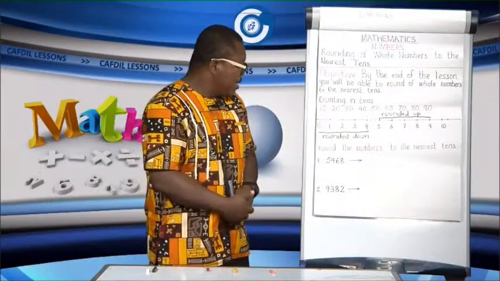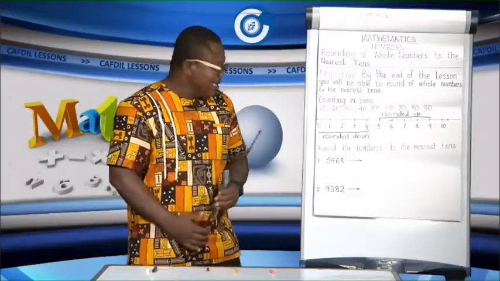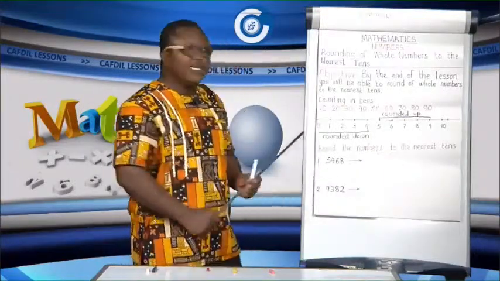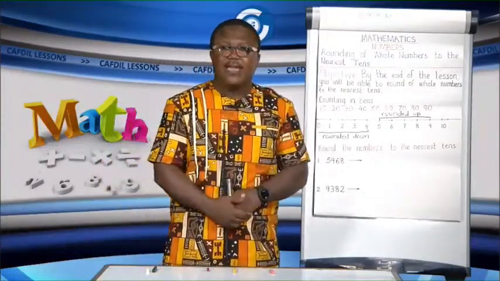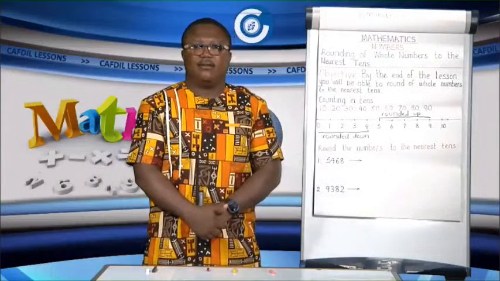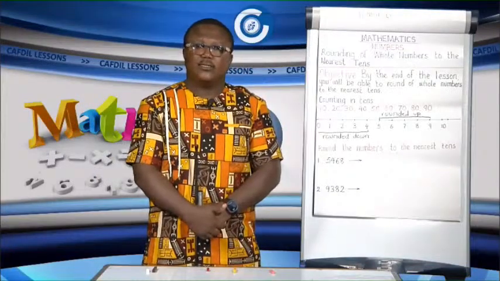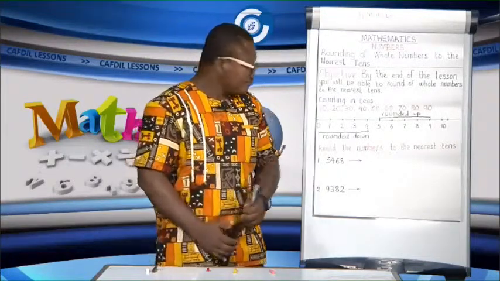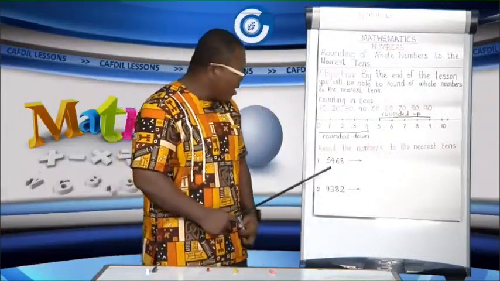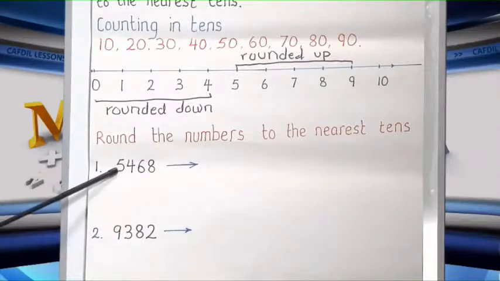Now learners, let's come to this one. Now we are going to round the number to the nearest 10 based on what we have learned so far. Now we have this figure on the board. 5,468.